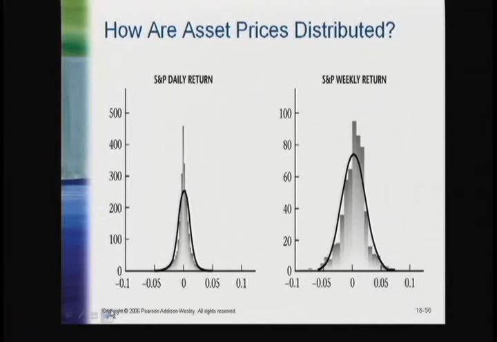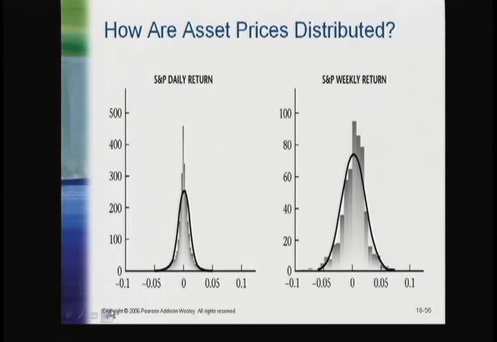And what you tend to see, and this is very common in financial data, is that the observed probabilities compared to the normal assumption have two characteristic properties.